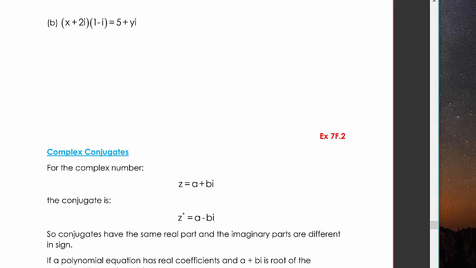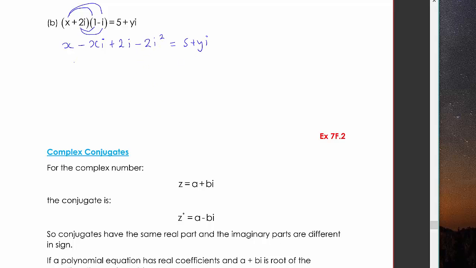Okay, I've got a similar sort of situation here. Let's expand out. What do we got? We've got x, take away xi, plus 2i, minus 2i squared is equal to 5 plus yi.